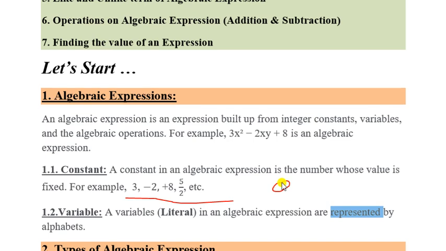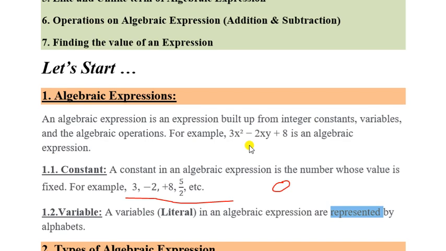Now variable. In algebraic expression, we'll get constant, variable and algebraic operation. You know algebraic operation, that means plus, minus, multiplication, division, basic operations. That means you know constant also, you know basic operation also. So without this constant and basic operation of an algebraic expression, the rest are all variables, different kinds of variables.